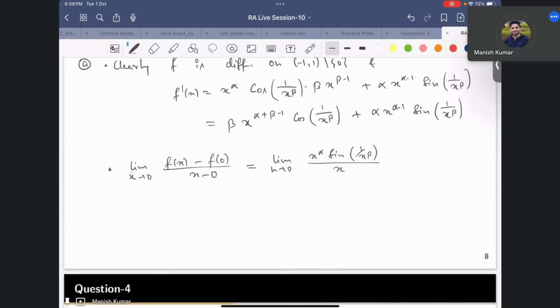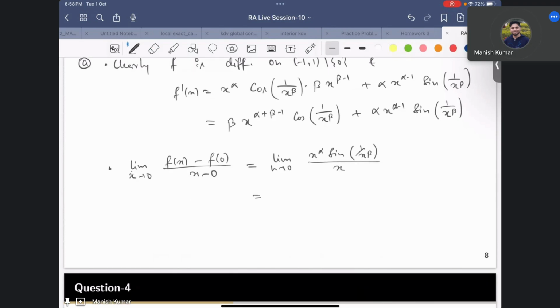So this is the limit as x goes to 0 of x^(α−1) sin(1/x^β). Okay, so this is what we have got.